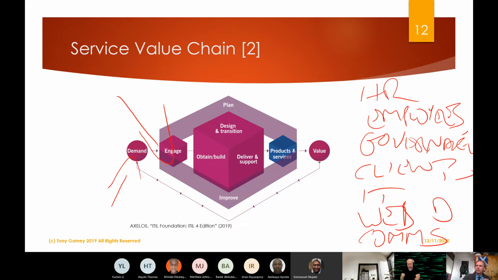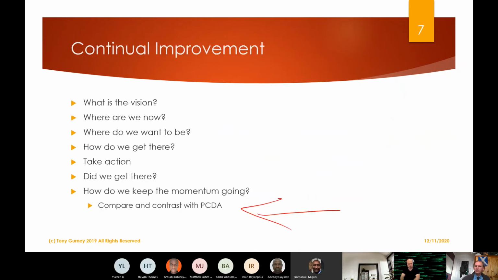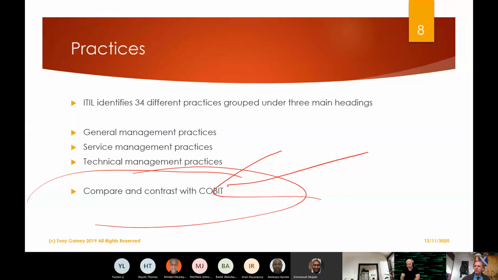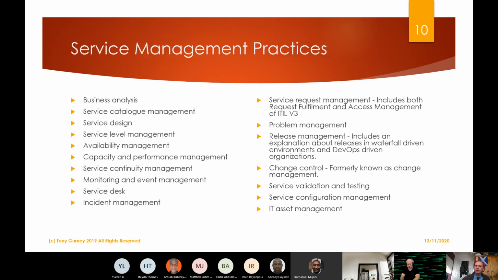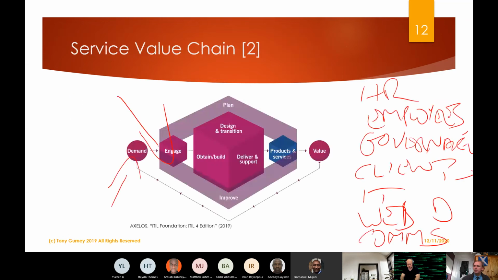Do you have 34 different practices that you might want to think about before you get anywhere from the engagement? There's loads of them, and it just gives you that wee checklist to go, okay, have we thought about that? Once you've made that engagement, you can start to think about how that then goes ahead.